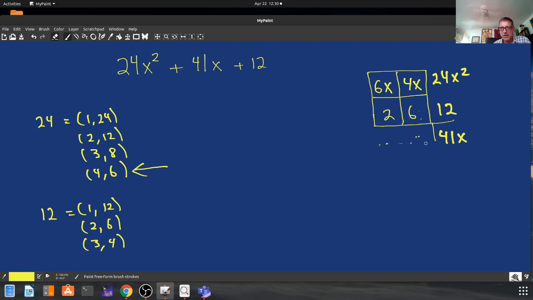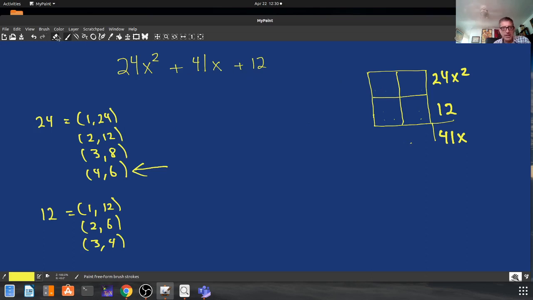Let's try, I'm ready to try 1 and 12. And didn't we already try 1 and 12, 3 and 4? I'm ready to try something different up here. Let's try 2 and 12.